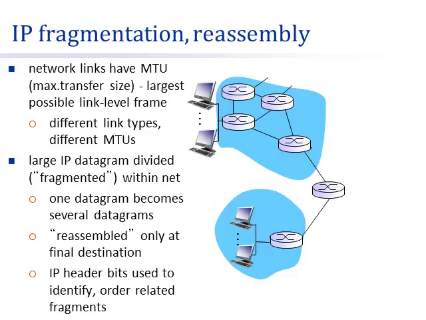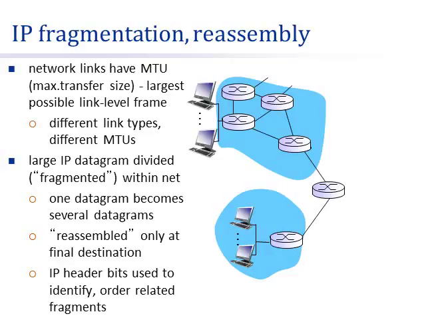Let us consider an example. Suppose the router receives an IP datagram from one link, and after checking the forwarding table, finds the appropriate outgoing link. If this outgoing link has an MTU, maximum transmission unit, that is smaller than the length of the IP datagram, what do you do? What is the solution? The solution is to split the larger datagram into smaller datagrams.